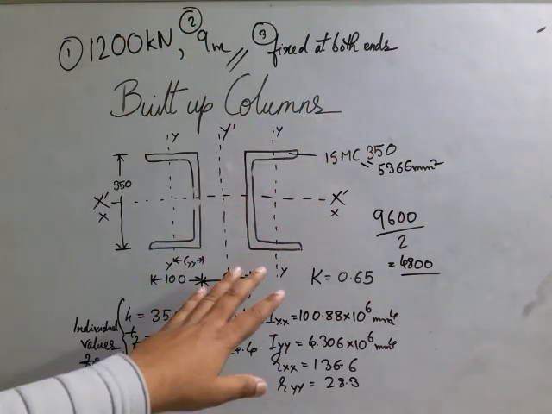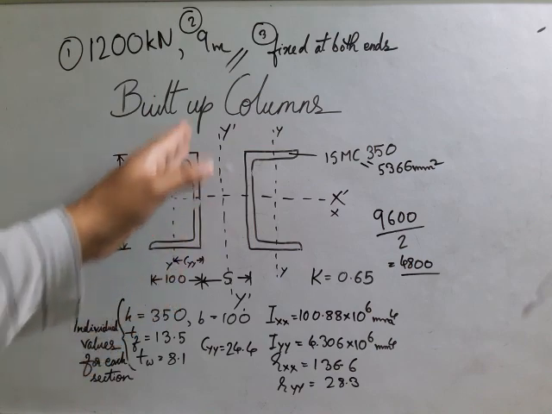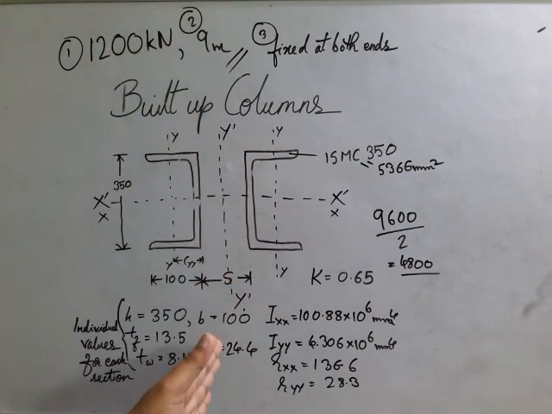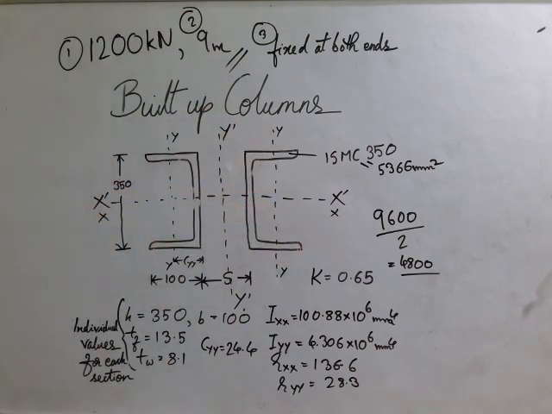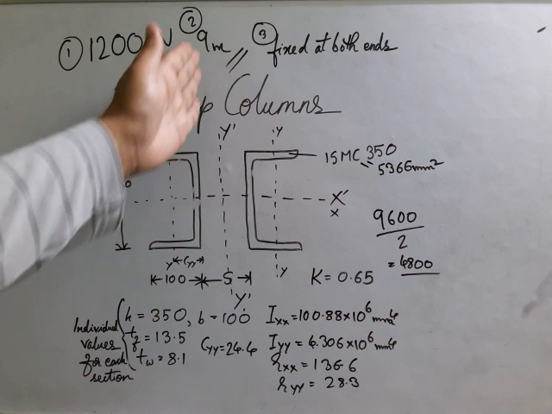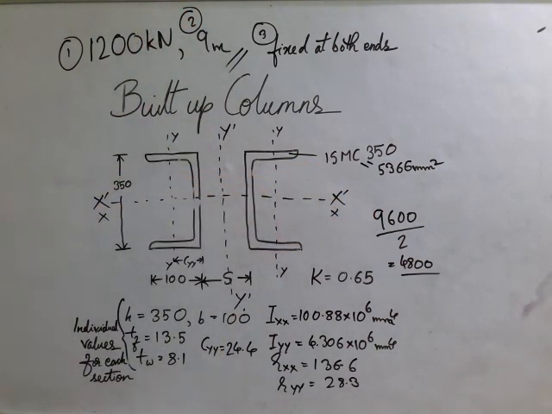We cannot change those, but we can modify the moment of inertia about y dash and x dash in such a way that the values become the same about this axis and this axis. So how can we do that?